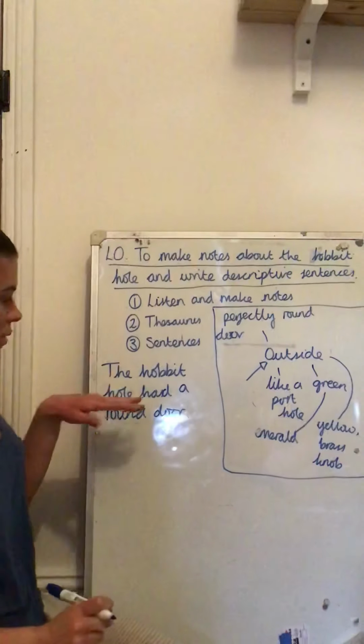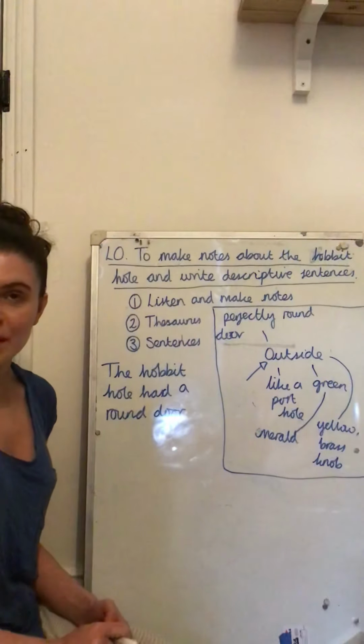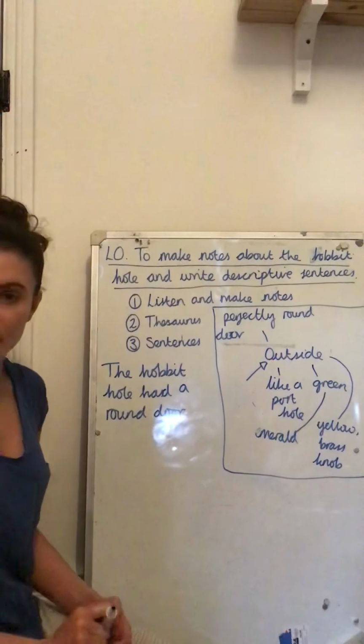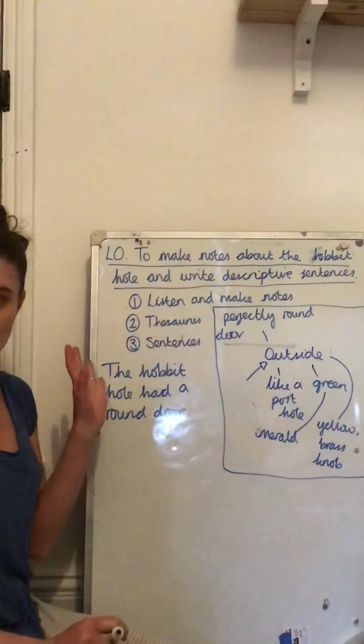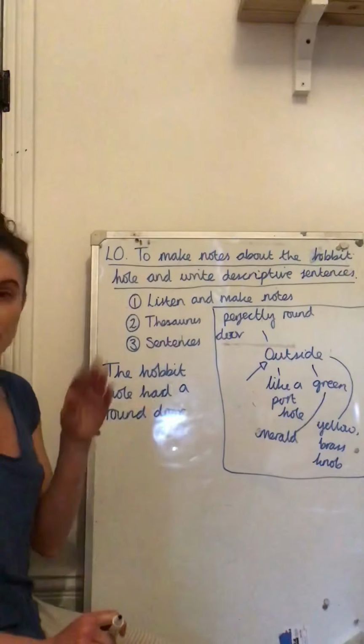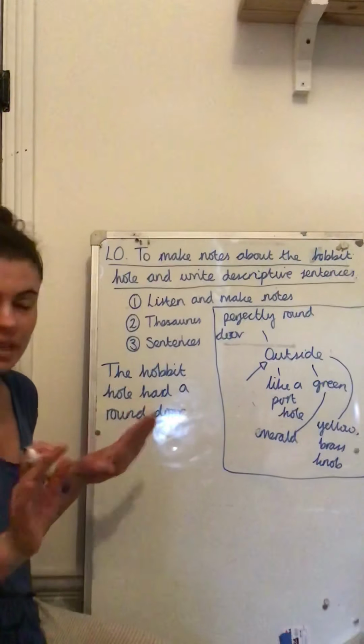Okay, the Hobbit hole had a round door. So now you need to be thinking, good sentence or bad sentence? Well, it's an okay sentence. It makes sense. It has a full stop at the end, capital letter at the beginning. It describes the Hobbit hole. Definitely, 100%. And if you wrote that, fine.